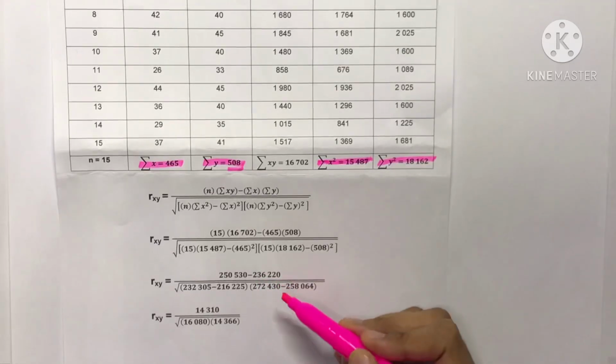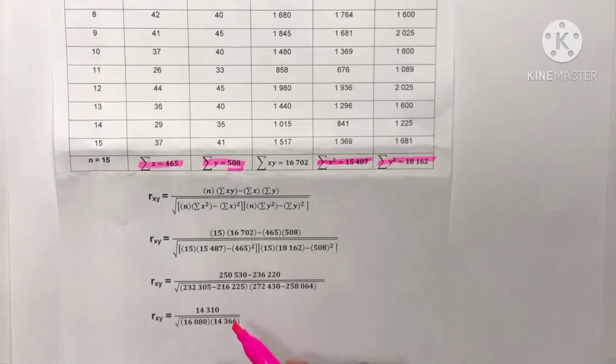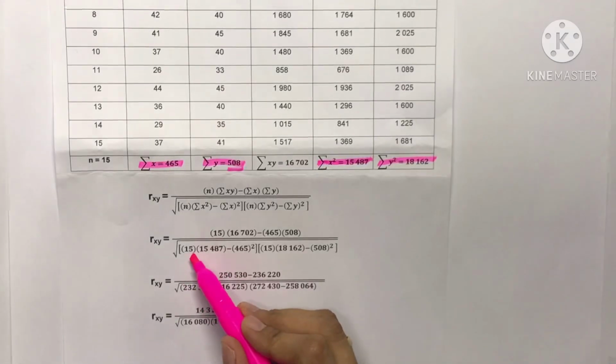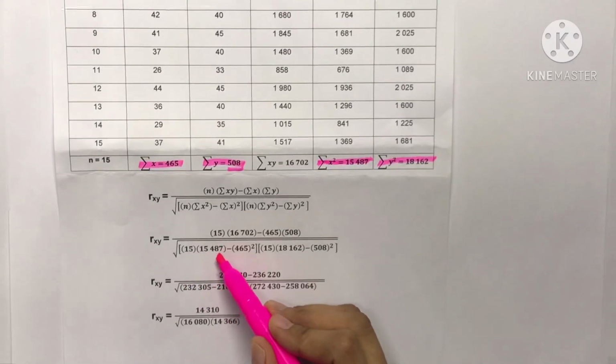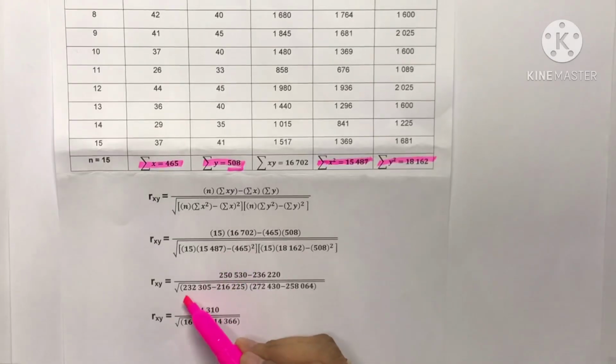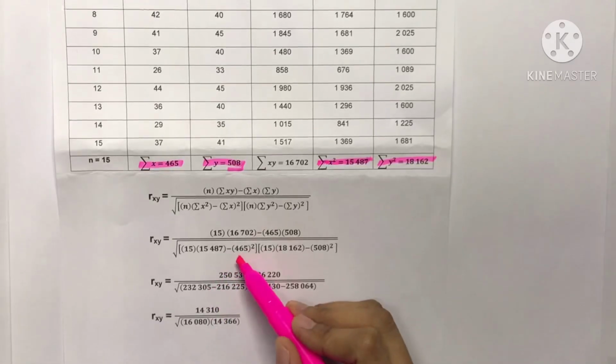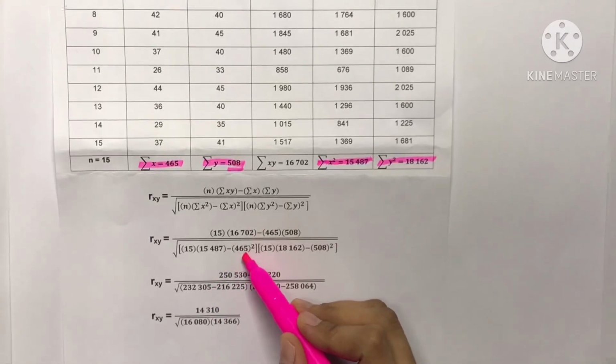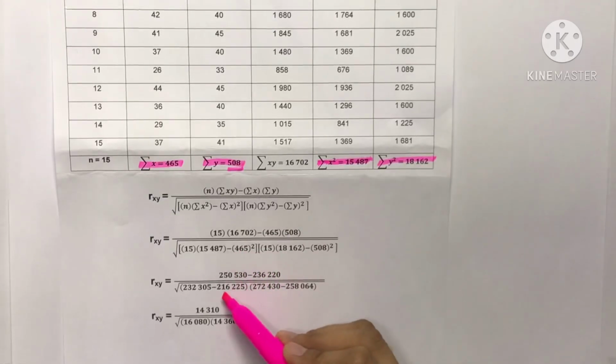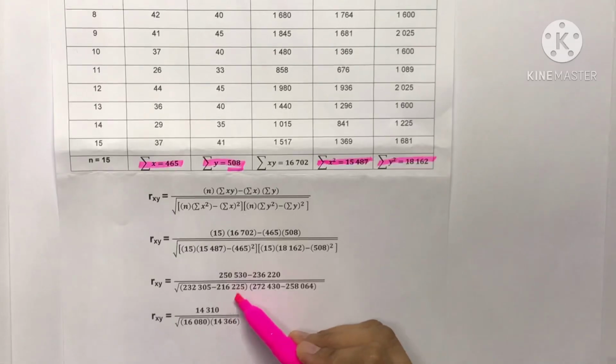Minus the product of 465 and 508, which is 236,220. And we will go to the denominator. 15 times 15,487 is equal to 232,305 minus 465 times 465, which is equal to 216,225.